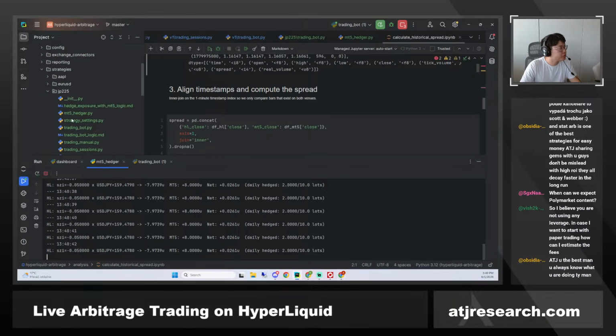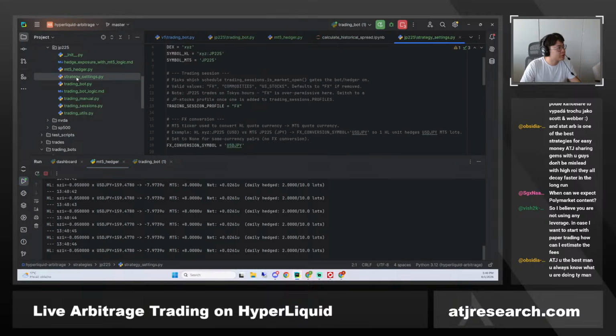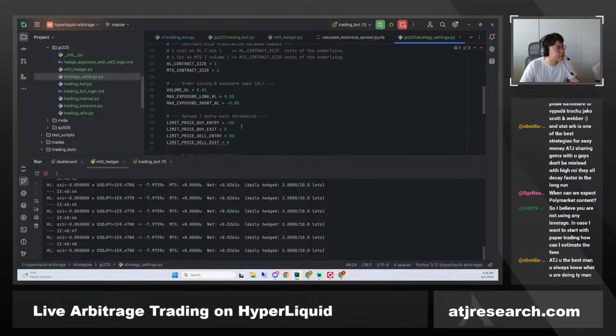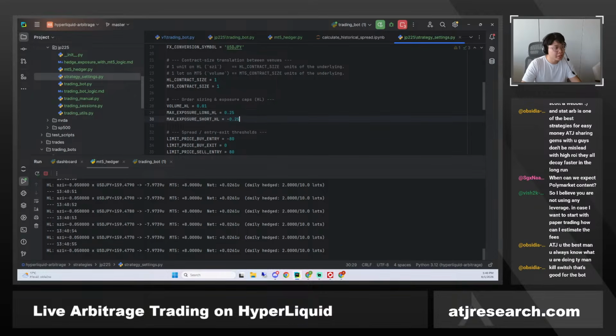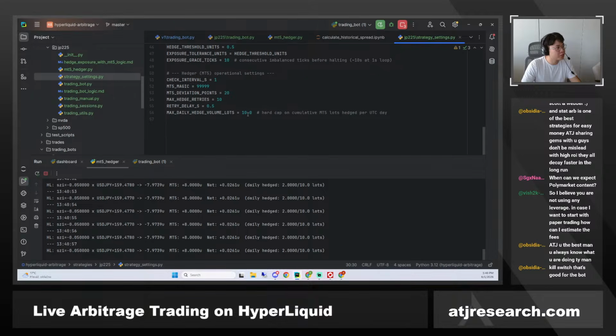All right, so what I need to do here just to fix it is here in strategy settings. When I entered the trade on JP225, well, first I wanted to increase my exposure, right? So I'm going to increase the exposure by 5-fold. And so here I need to provide the maximum amount of lots that I'm allowed to trade on MT5.